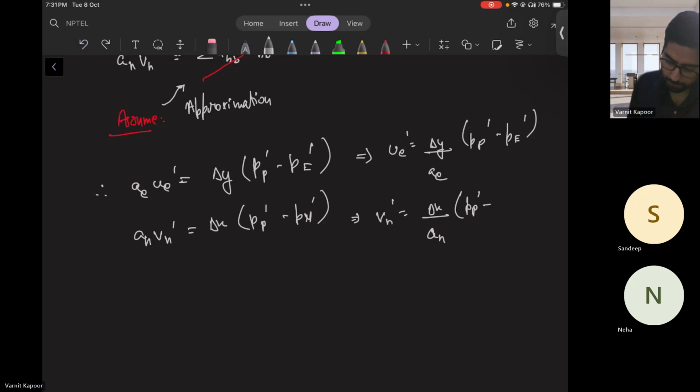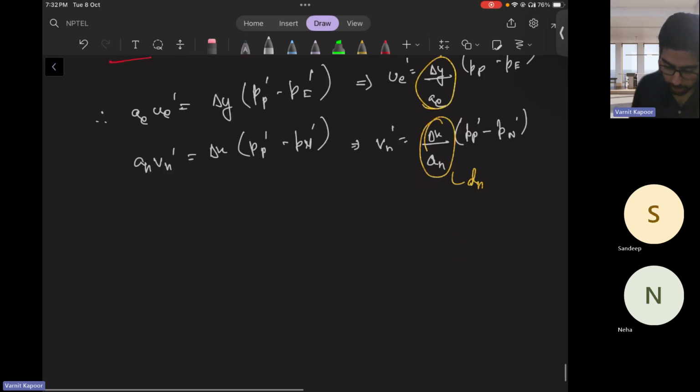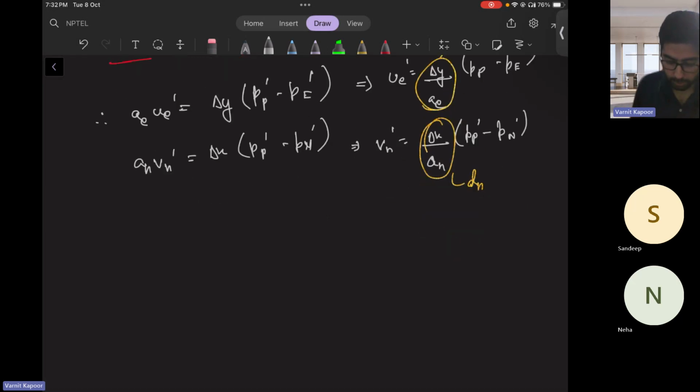PN. All right. So we'll say that this is TE, and we'll say that this is TN. Okay. Now you can put back these values in your actual equations.